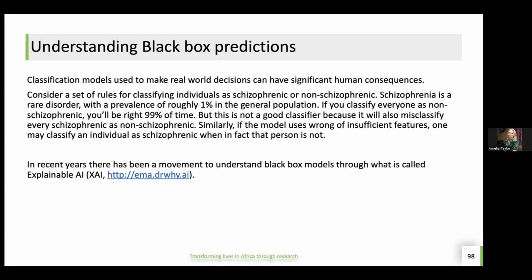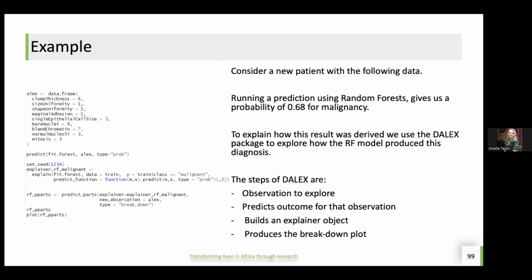There are movements or frameworks that have been developed, and I've added a link there that you can look at. And in R, we also have two libraries that allow us to explain, or try to explain, what's happening behind these black box models.